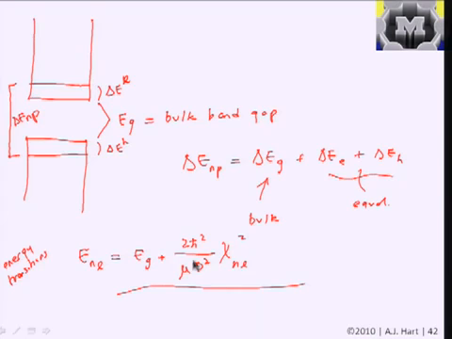And so you can imagine as the material gets bigger, then this term becomes negligible with respect to the bulk band gap, and the effective band gap or the effective levels have very small separation relative to the bulk characteristic, and the behavior is essentially that of the bulk.